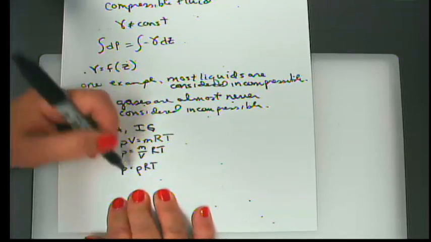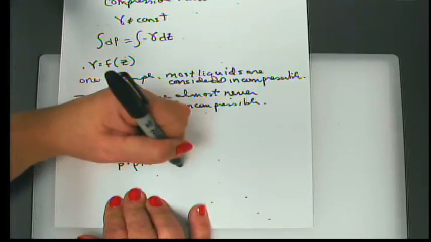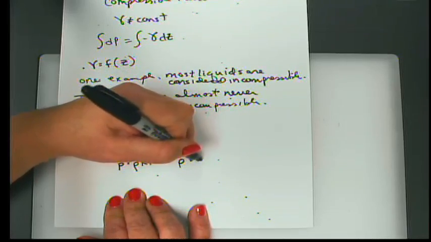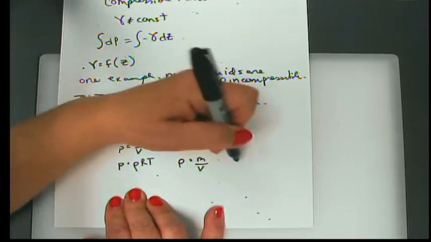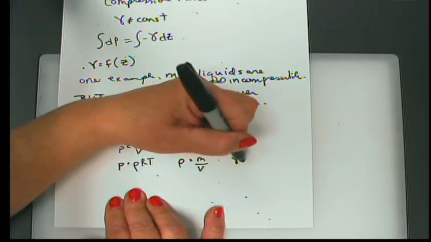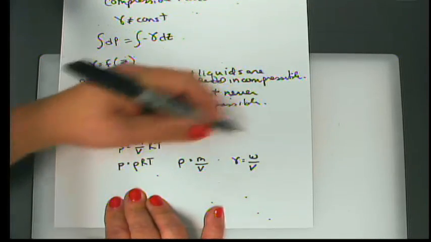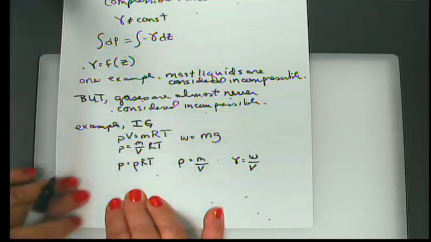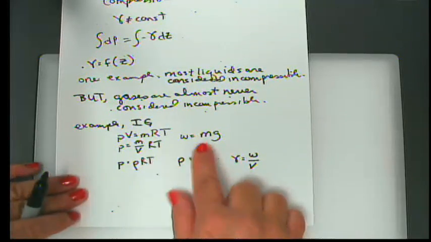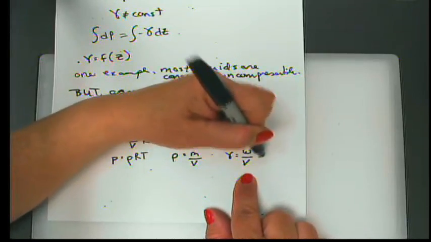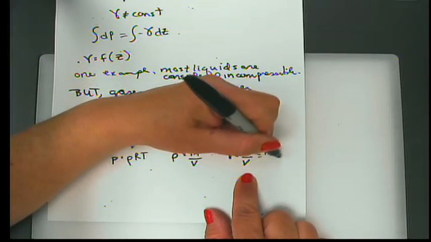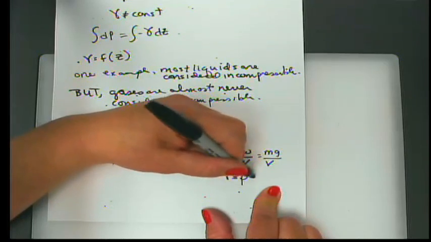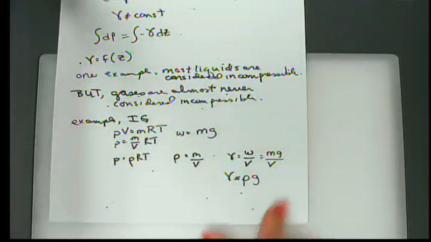All right, now I could also say density, which is mass per volume, and we have gamma, which is weight per volume, and we know that weight is equal to mass times gravity, from Newton's second law. So I can write weight as mass times gravity over volume. So I can also say that gamma is equal to density times gravity.